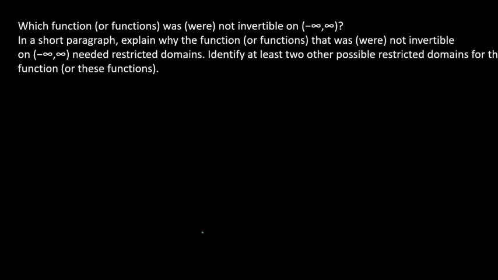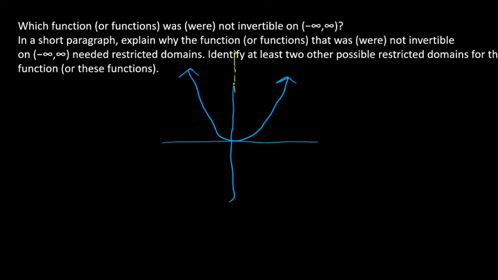We took a specific approach to restricting domains, but when we say identify 2 other possible ones, technically, like for example the parabola one that I used, f of x equals x squared, we restricted the domain here to the interval 0 to infinity.